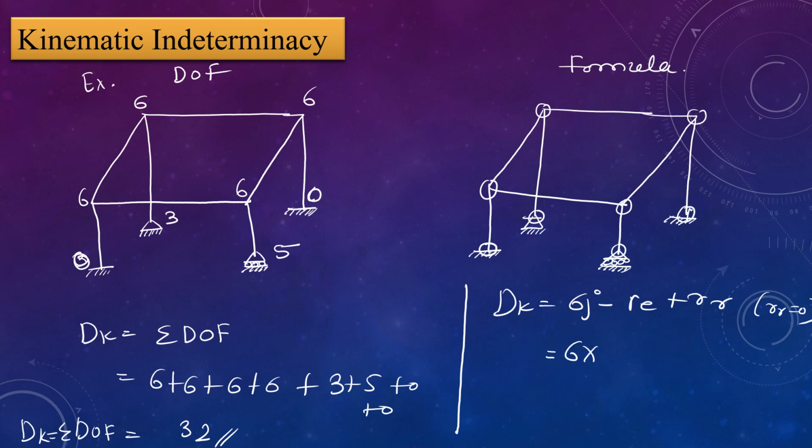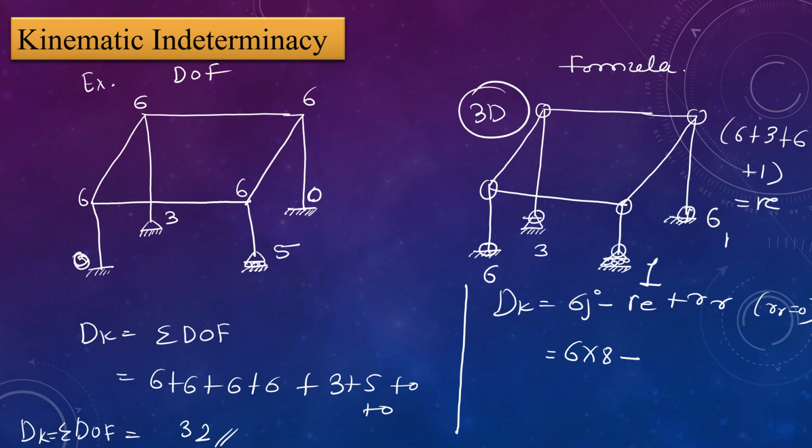So 6 into 8 minus Re, the number of reactions. For fixed support in a 3D structure, the reactions are 6. In case of hinge, 3 reactions. In case of roller, 1. In case of fixed, 6 reactions. So add this: 6 plus 3 plus 6 plus 1.